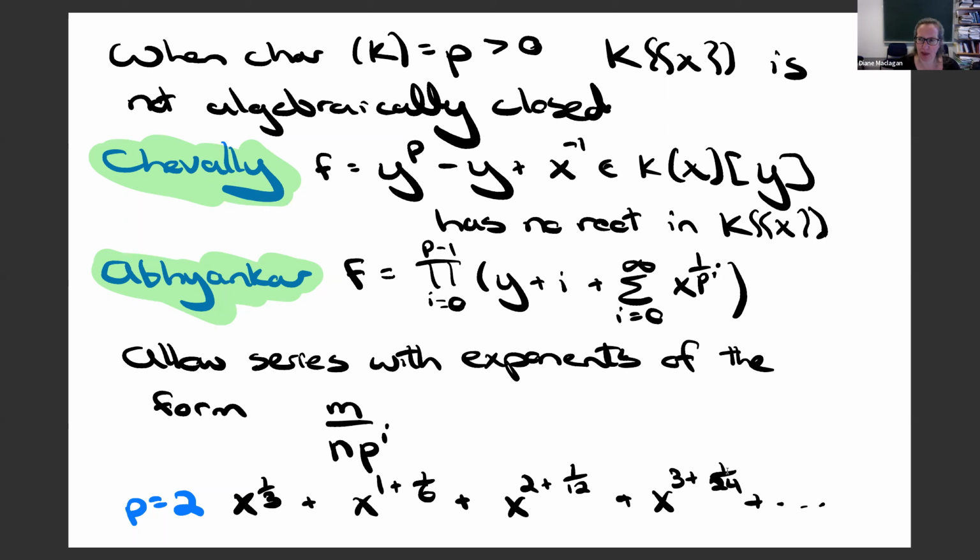The power of p, where p should be the characteristic of the field, is allowed to grow, but for a fixed series, anything that's not a power of p should remain constant. So that's the generalization of Poisson series that works for characteristic p. Okay, so comments, questions?